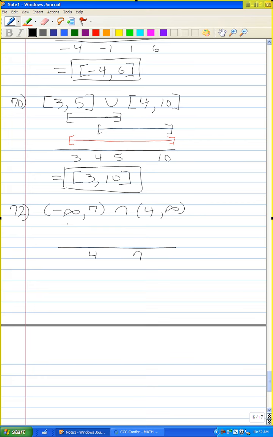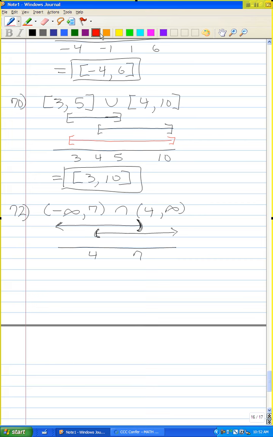And so let's do the open interval -infinity to 7. So everything less than 7, and 4 to infinity. Everything greater than 4. So let's find the intersection.